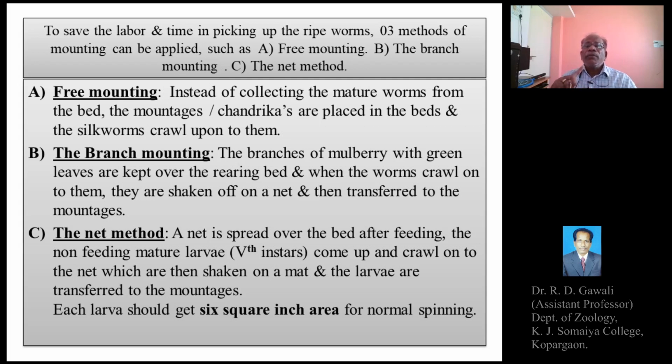The mature silkworm larva rotates its head at the rate of 72 per minute. So 72 turns of the silk thread are formed in a minute, and the larva rotates its head from anterior to posterior end and around its body.